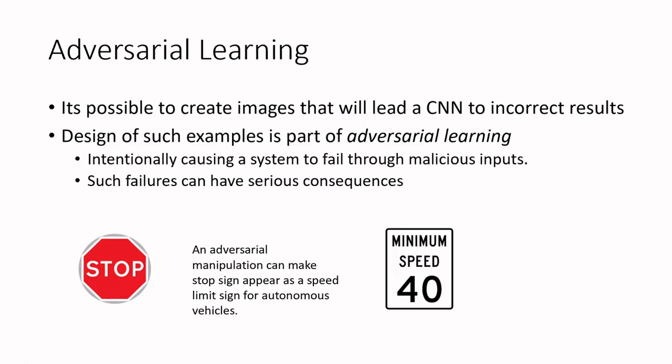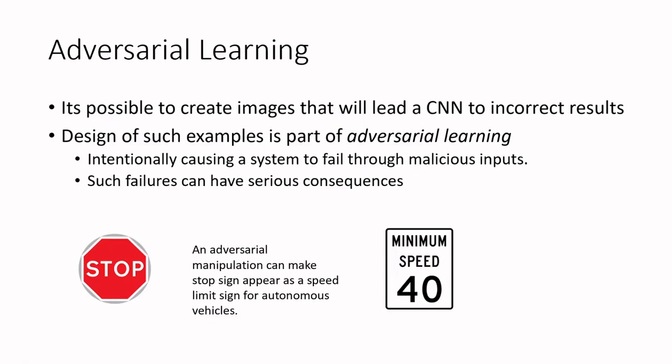So in these next few slides, we are going to look at a situation where it is possible to create pictures or images that will lead a trained convolutional neural network to output incorrect results. And the design of such examples is actually part of adversarial learning.